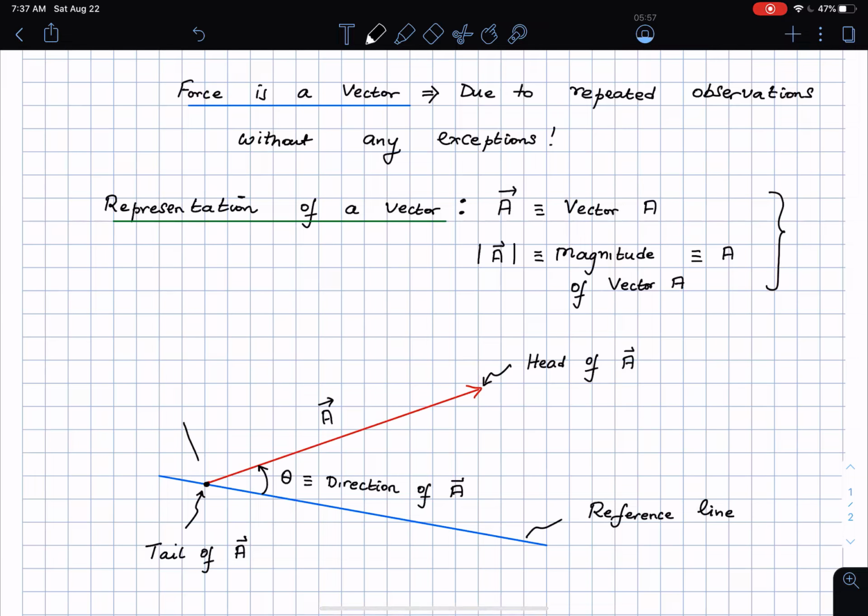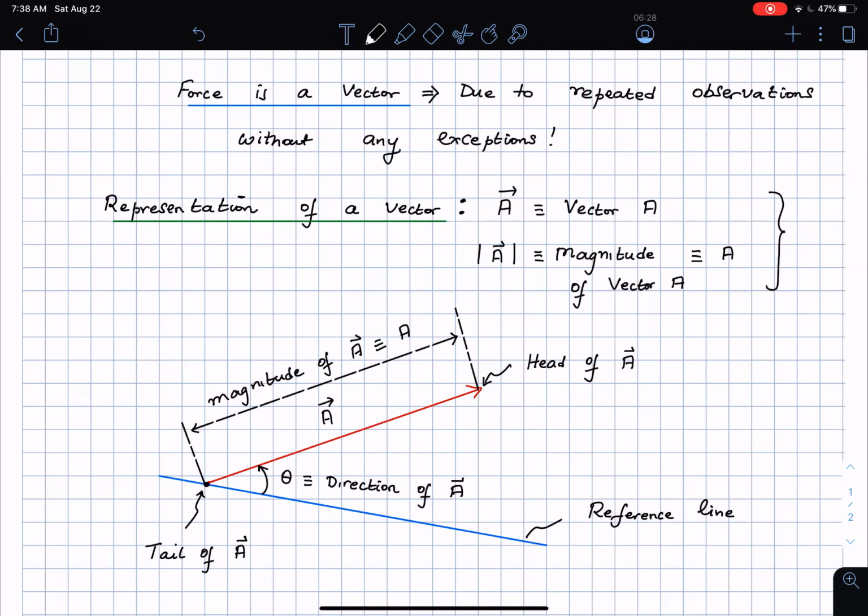Okay, so the distance from the tail all the way to the head is called the magnitude of vector A. And usually when I specify magnitudes, I use dotted lines to draw them out. This is the magnitude of vector A, which is typically just denoted as little a.